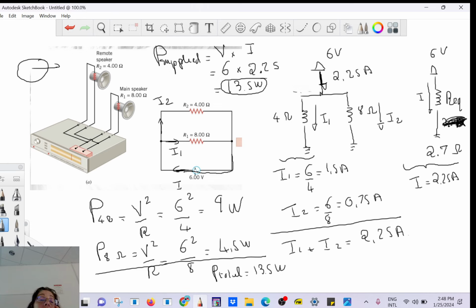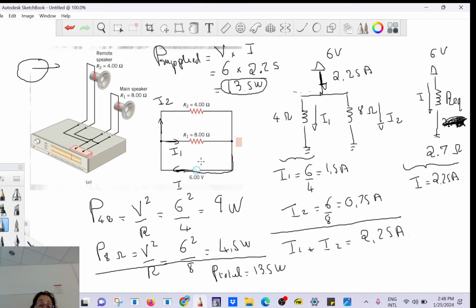So if you have 10 cookies, for example, available, maybe this one is going to eat 2 cookies and this one will get 8 cookies. It's conservation of energy.